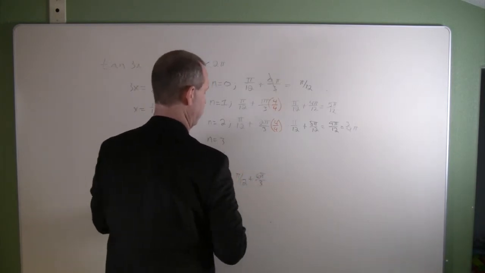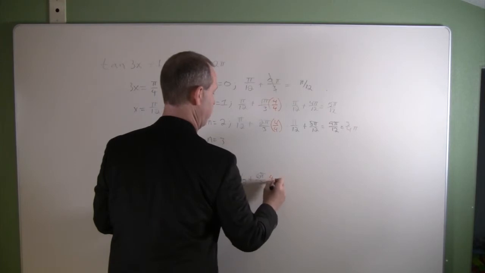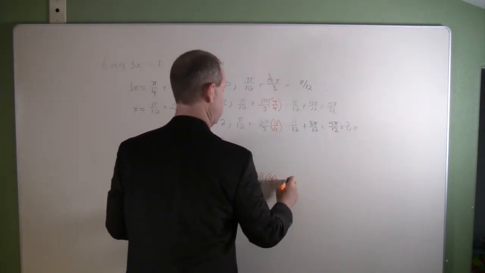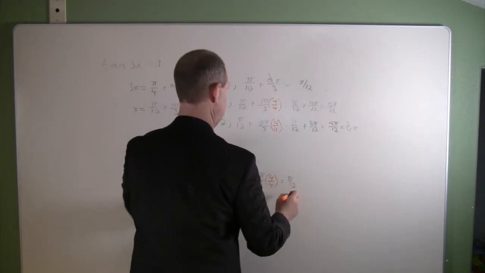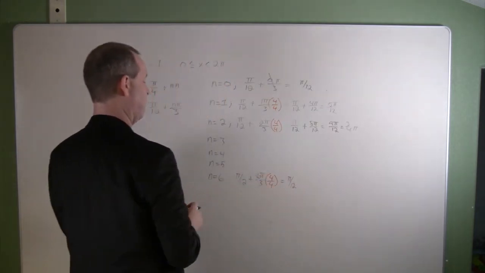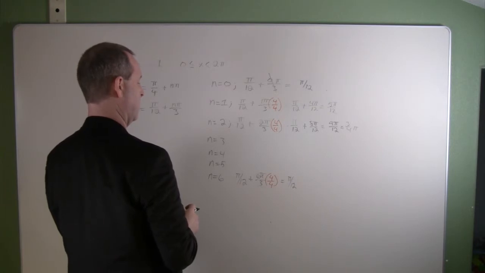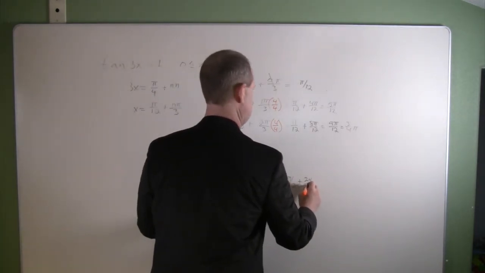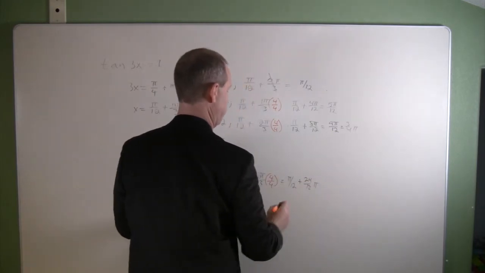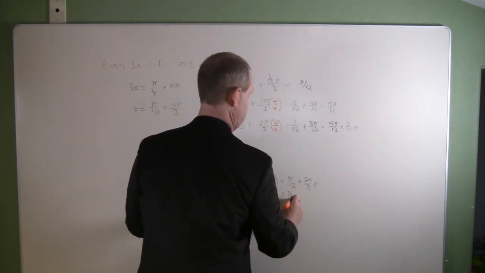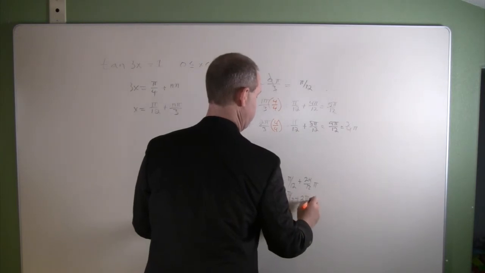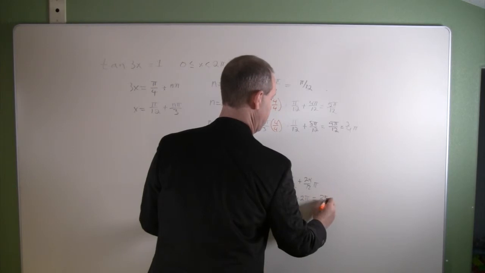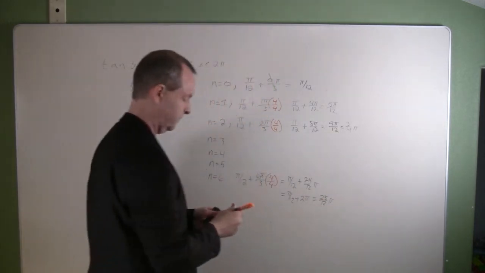Multiply that by a clever version of 1, which I'm going to choose as 4 over 4. Pi over 12 plus 24 over 12 pi equals pi 12ths plus 2 pi, or equals 25 12ths pi.